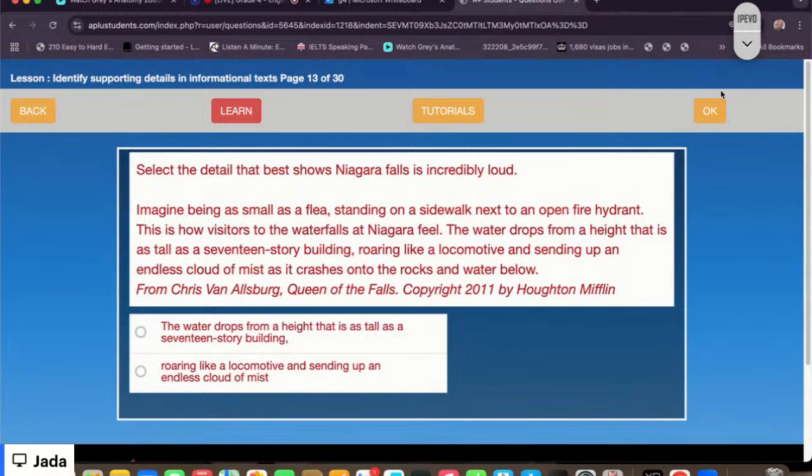So select the details that best show that Niagara Falls is incredibly loud. Is it the first or second? So is it the first or second?